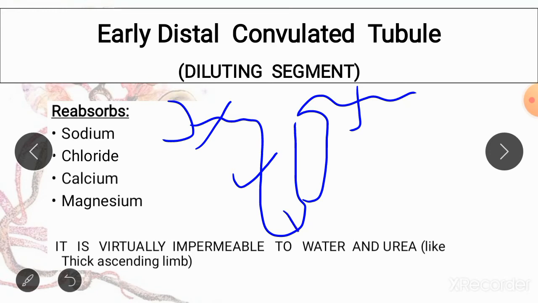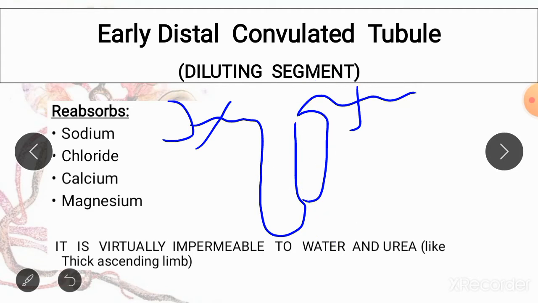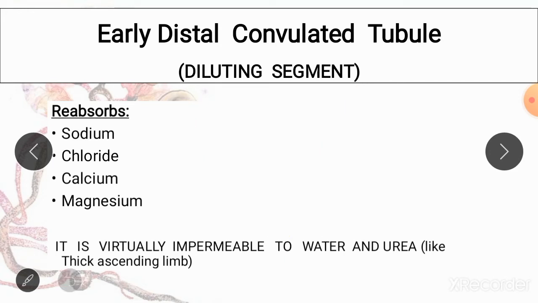The thin ascending limb, the thick ascending limb and the early distal convoluted tubule are absolutely impermeable to water no matter what. So no water is going to be reabsorbed from these parts. You must remember this, because you might be asked an MCQ to give the reabsorption of water from different parts of the nephron.